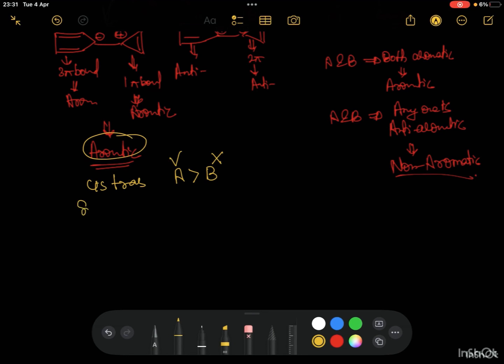If I am asking single bond rotation, then A will not form, B will form single bond rotation, because it moves to aromatic.